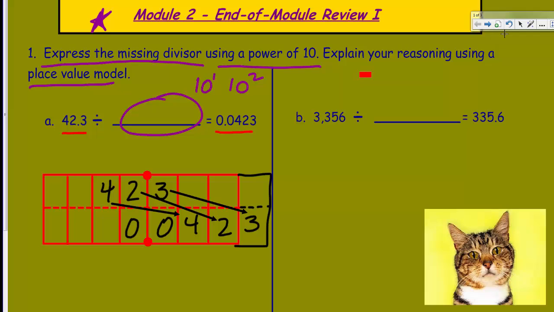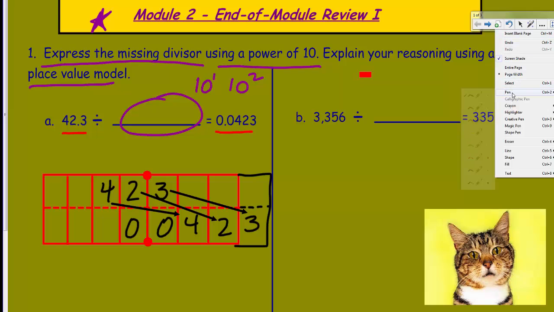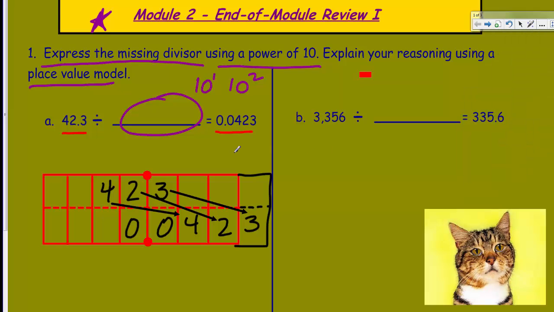Let me get my pen again. That means it's shifted 3 times, and 3 times means 10 to the third power. Now, we showed on this demonstration with the place value model that it shows 3 shifts to the right. The digits moved.